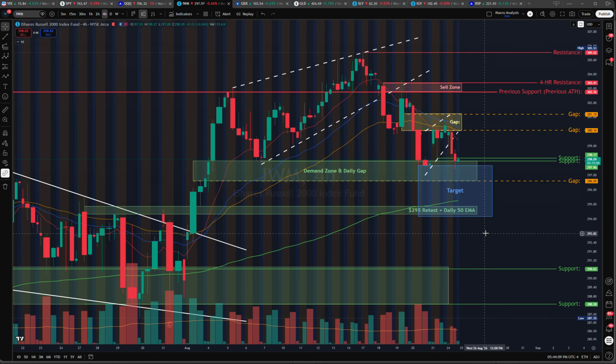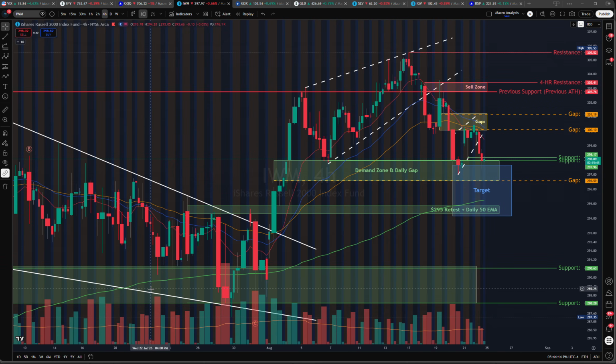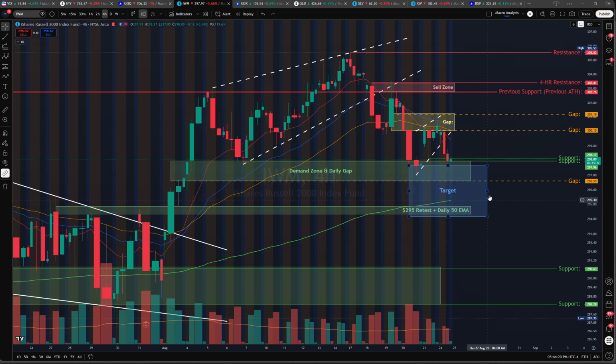But right now, there's still a bear case scenario where you come back and you retest the 4-hour 200 EMA at this 295 level right here, which is also the daily 50-day moving average, anywhere between this blue box. If we get between this blue box, it's very possible I begin to long IWM, whether it's on a leveraged ETF or maybe swing trading some options.